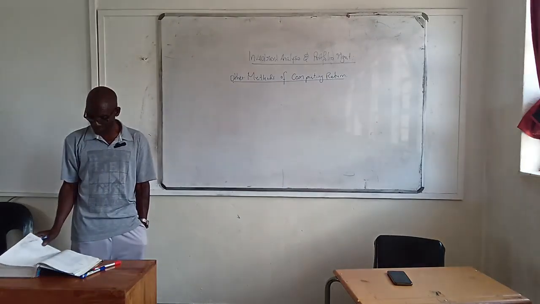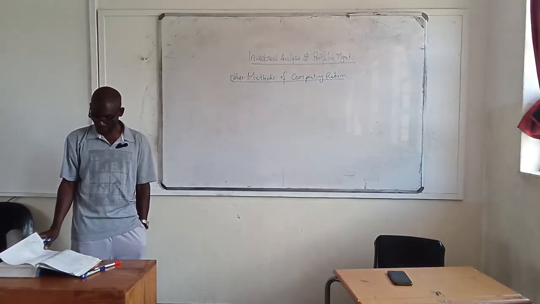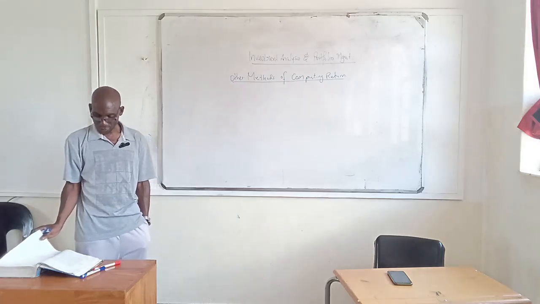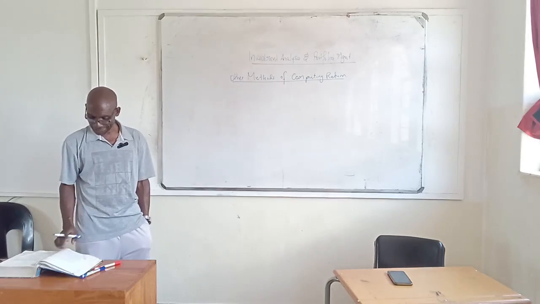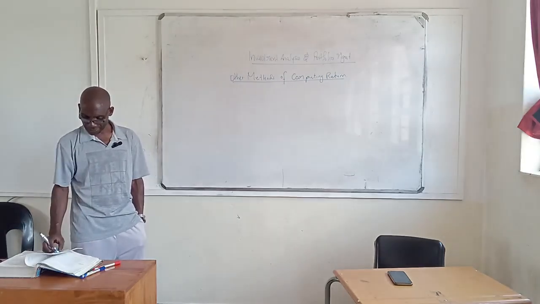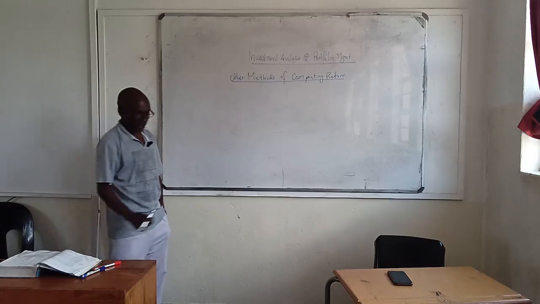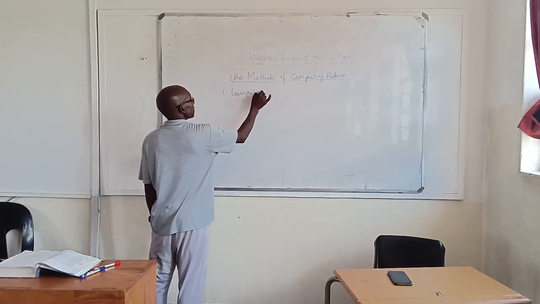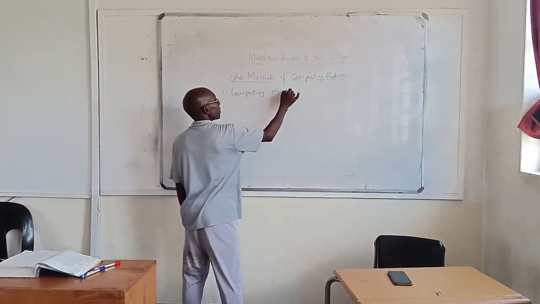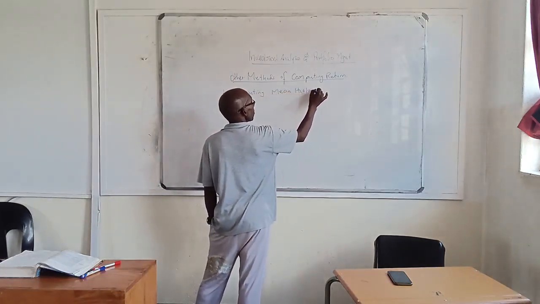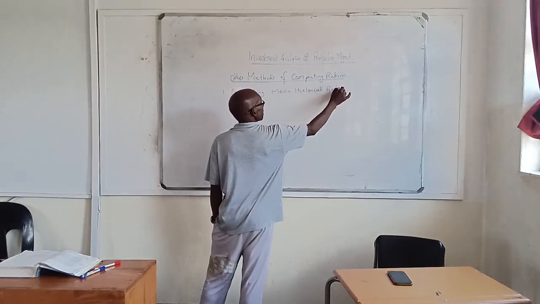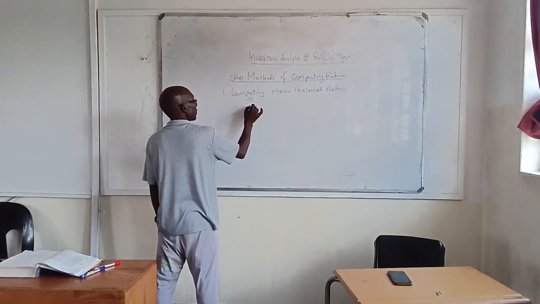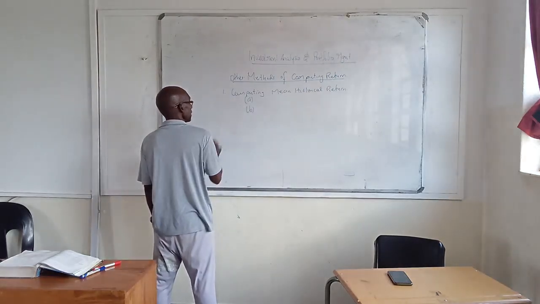One, we can compute mean historical return, and two, calculate the expected rate of return. So these are the two methods. First, computing mean historical return.